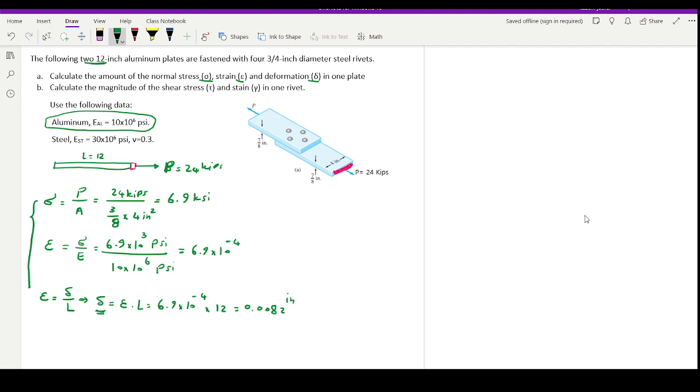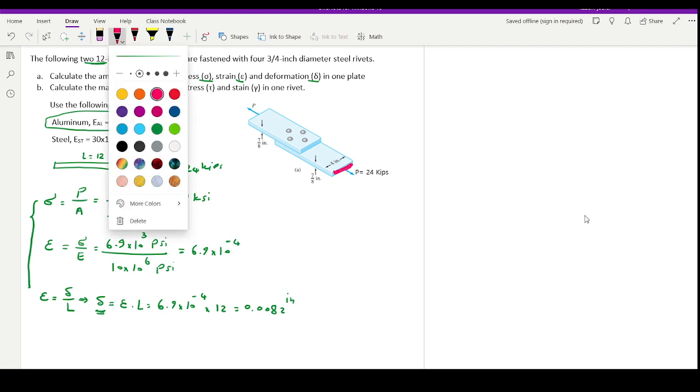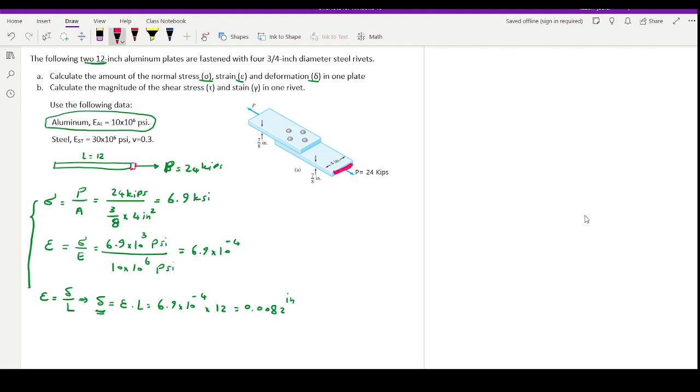Part B is going to be very identical to what we did. First, P in here is equal to the P that we have over there. It's 24 because these are two plates on top of each other. And this 24 is going to be distributed between these four rivets.